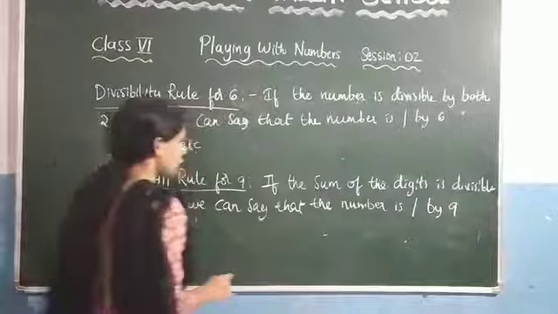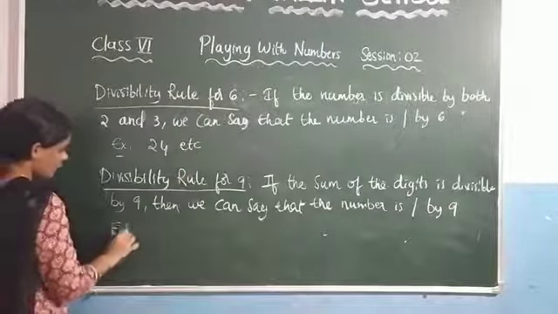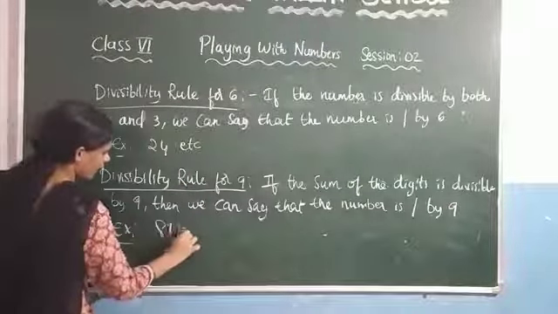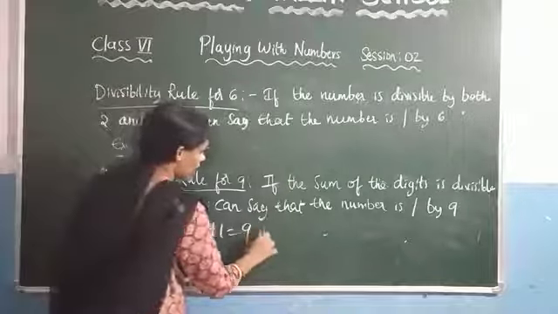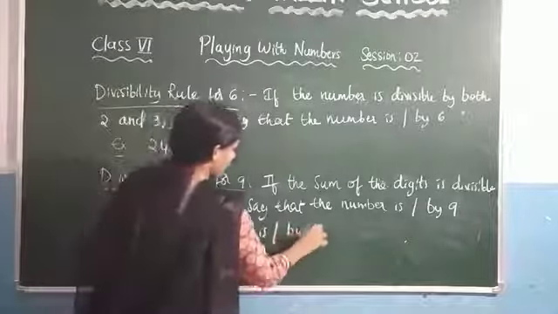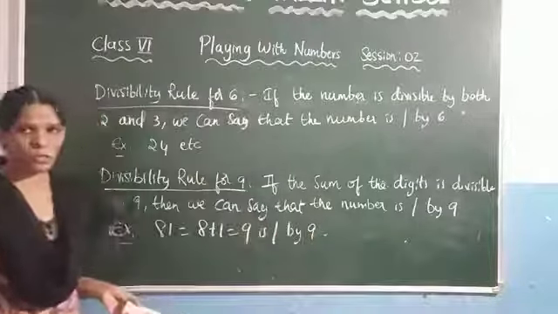You can consider the example here. If you consider 81, if you calculate the sum of the digits, you are getting 9. You know that 9 is divisible by 9. And we discussed the divisibility rule for 10.